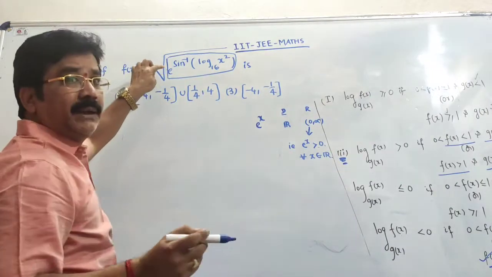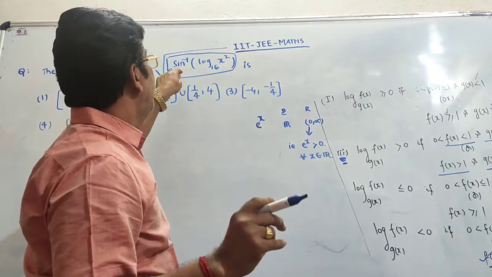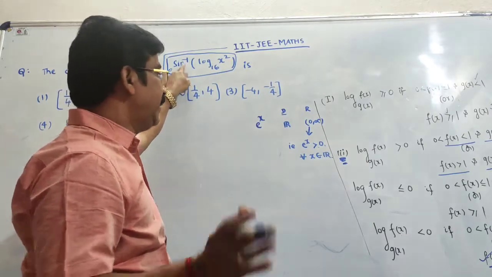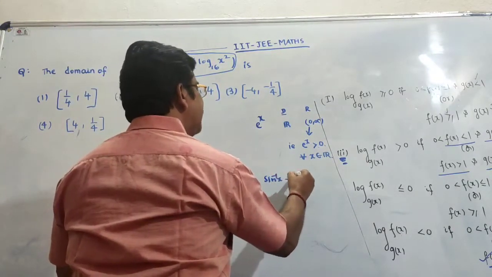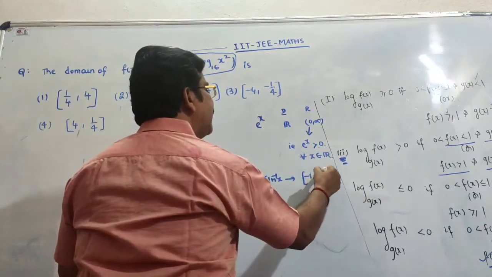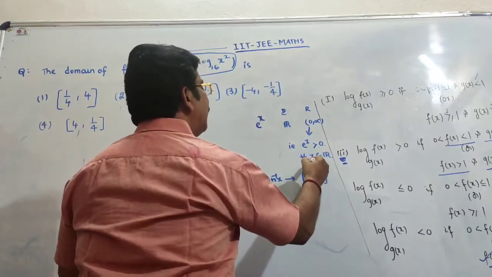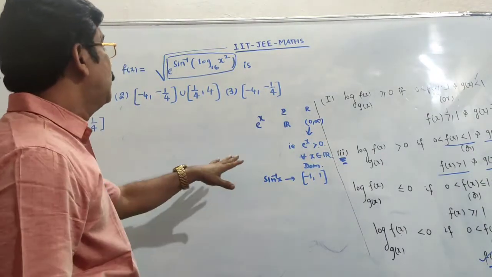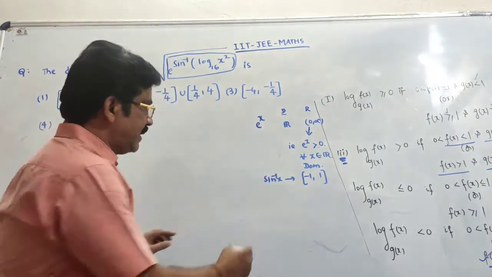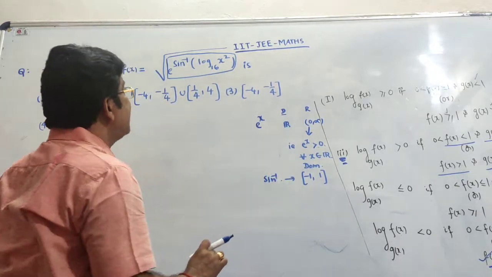But we have to think of the sine inverse function. Actually sine inverse x has domain the closed interval of -1 comma 1. So for sine inverse of x, instead of x what is there?